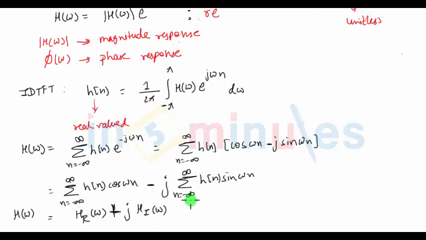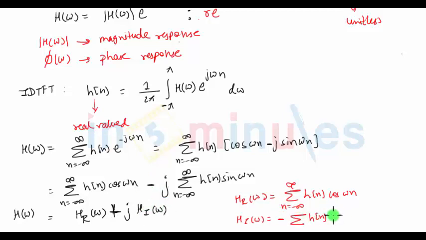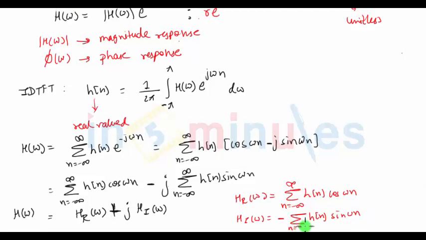In this particular definition, we have taken H r of omega equal to summation h of n into cos omega n, where n will vary from minus infinity to plus infinity, and H i of omega, this minus sign is taken in the definition of imaginary part, and along with that it's h of n into sine omega n, and once again summation limits will be from minus infinity to plus infinity. So this is what we have got. Let us look at a couple more important properties of the frequency response function.